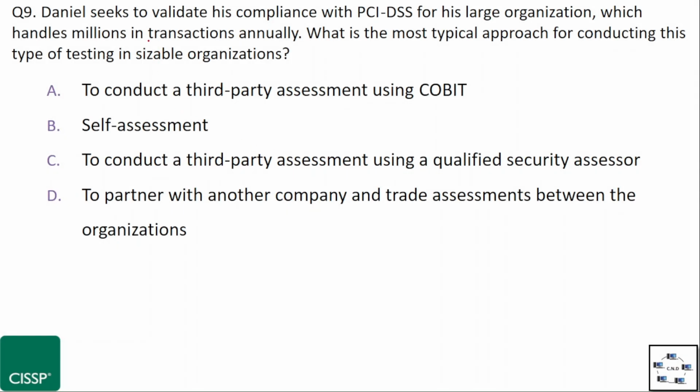Question number 9. Daniel seeks to validate his compliance with PCI-DSS for his large organization, which handles millions in transactions annually. What is the most typical approach for conducting this type of testing in sizable organizations?